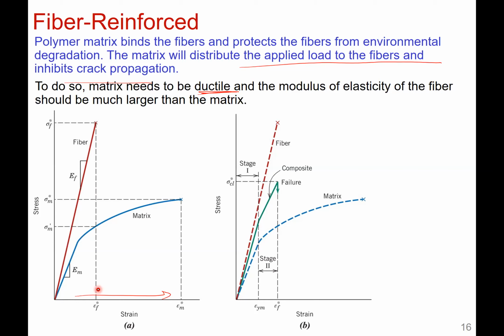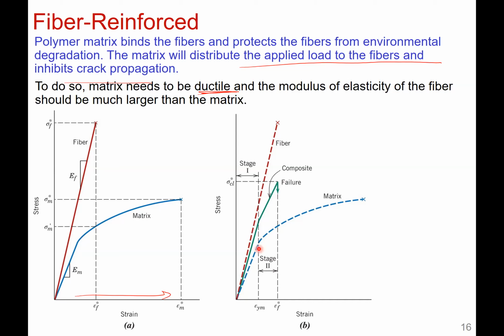In stage 1, what will typically happen when your material is under stress, there's an applied load. You could see here in stage 1, that's the elastic region, right? And then when you go to stage 2, the matrix takes over. The average stress strain curve for the composite is in green.